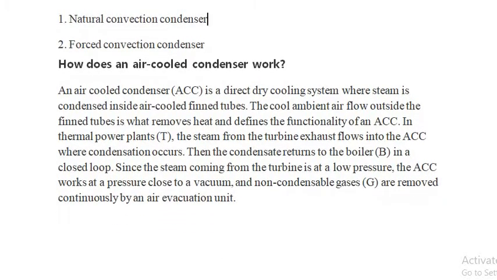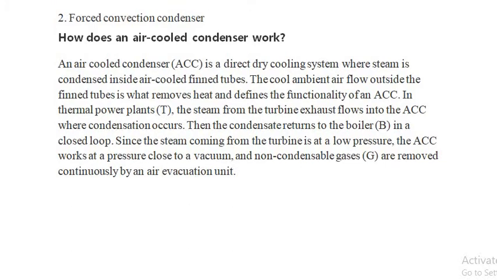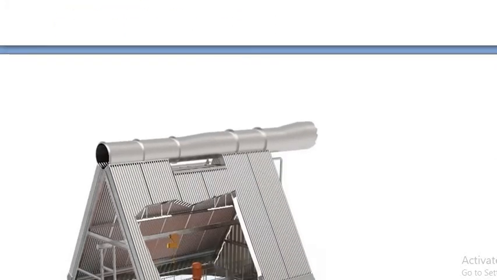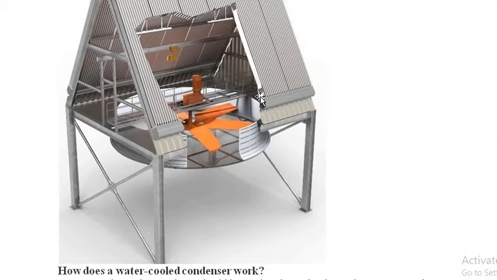How does the air-cooled condenser work? The air-cooled condenser is a direct cooling system where the steam is condensed inside the air-cooled fin tubes. The cool ambient air flows outside the fin tubes and removes the heat, which defines the function of the air-cooled condenser. See the diagram of the air-cooled condenser.